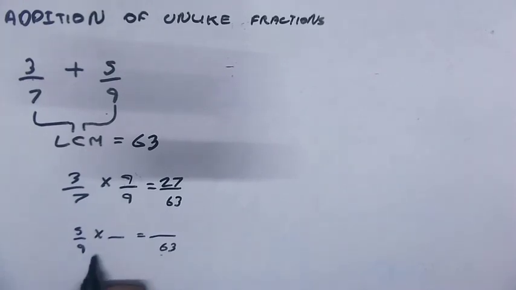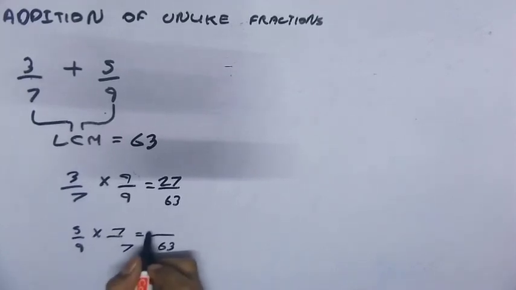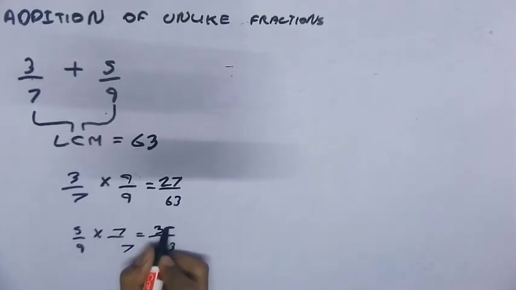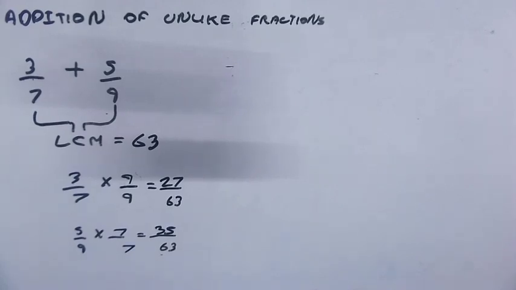So 9 sevens are 63. 9 into 7 equals 63. So 7 would be here. 5 sevens are 35. So now you got two fractions which are like fractions, 27 by 63 and 35 by 63.